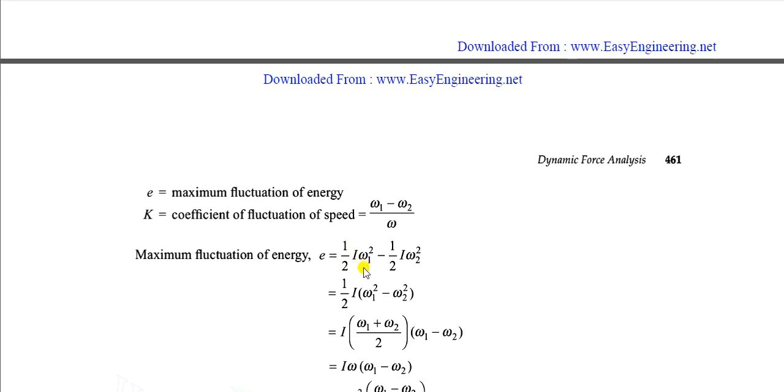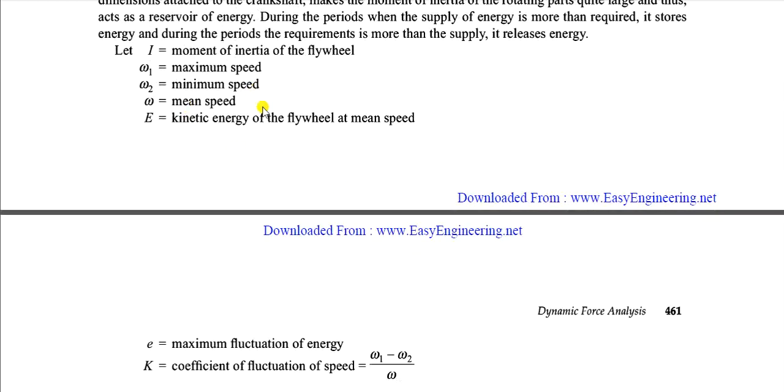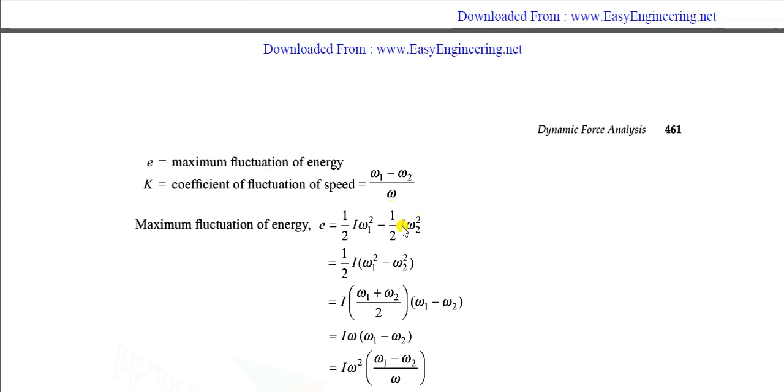If a body is in linear motion, this will be half m v square. What property m represents in linear motion, I represents in angular motion. So half I omega 1 square is the maximum kinetic energy. Omega 2 is the minimum speed, so half I omega 2 square is the minimum kinetic energy.